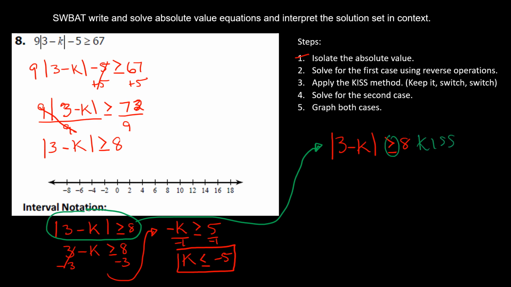And I'm going to switch here and here. So I'm going to have the absolute value of 3 minus k is now less than or equal to negative 8. So then we drop the absolute value. So we say 3 minus k is less than or equal to negative 8.